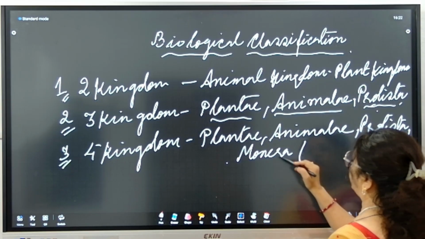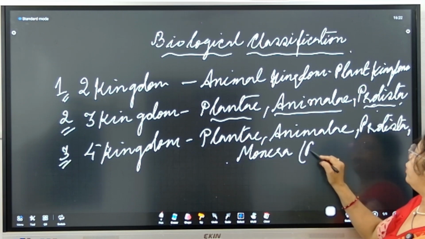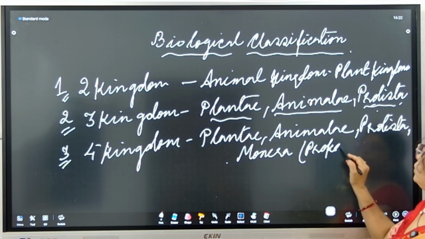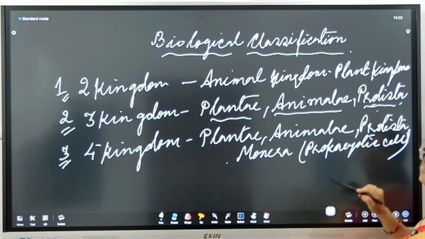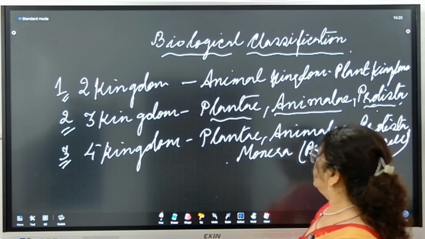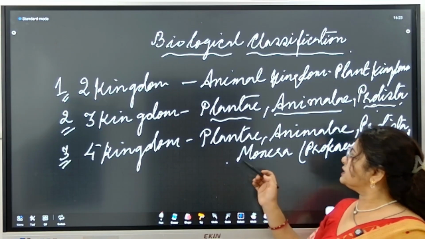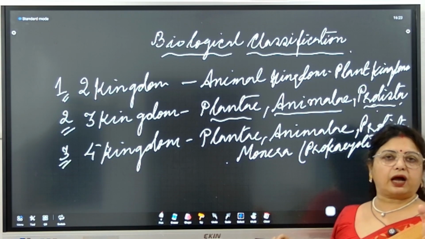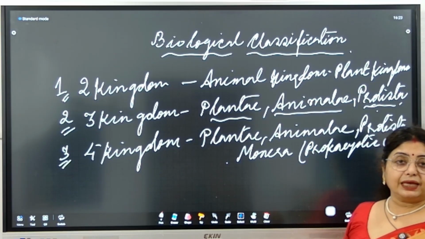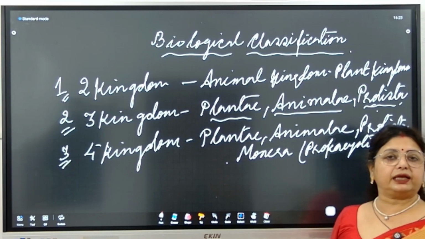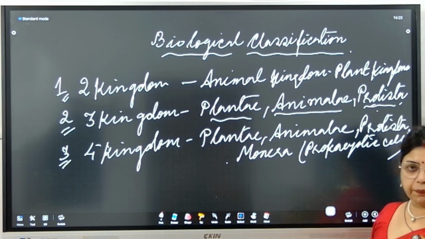They derived Monera on the basis of the nucleus, that is the prokaryotic cell. You have the knowledge of the prokaryotic cell. Then again the scientists found that in Plantae there are some organisms which cannot photosynthesize. How can they be kept in Plantae? They cannot be kept in Plantae, so they were separated.